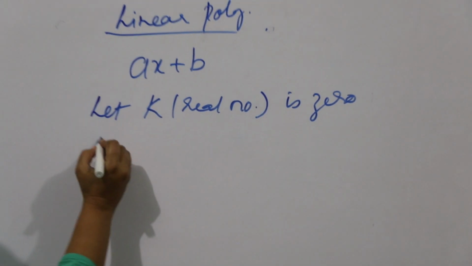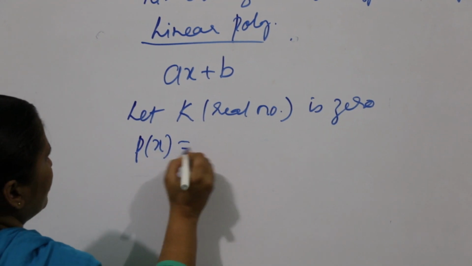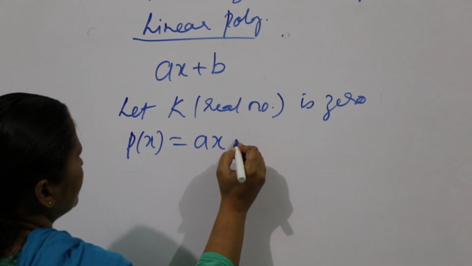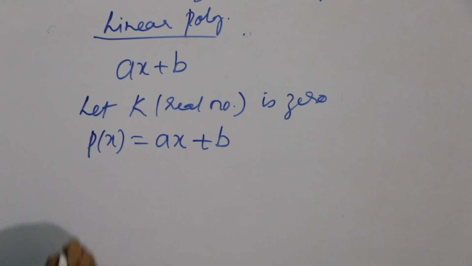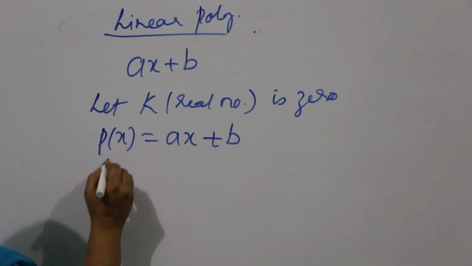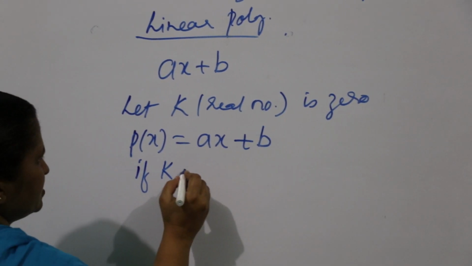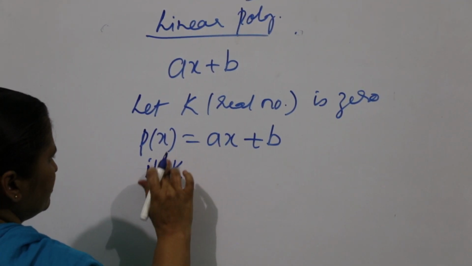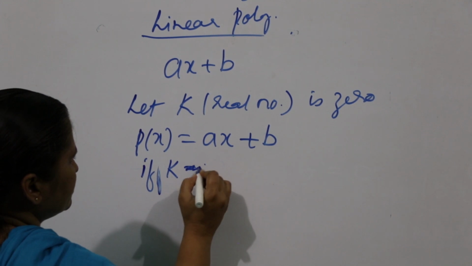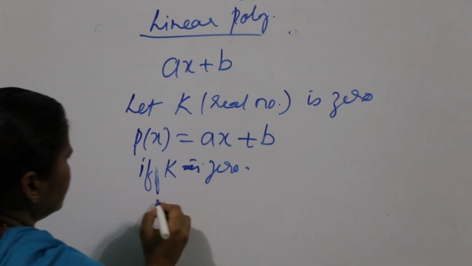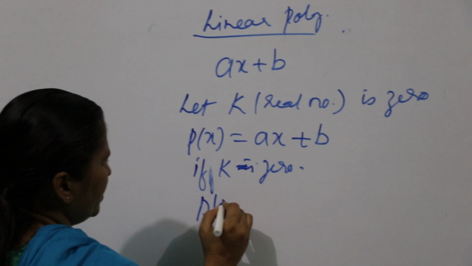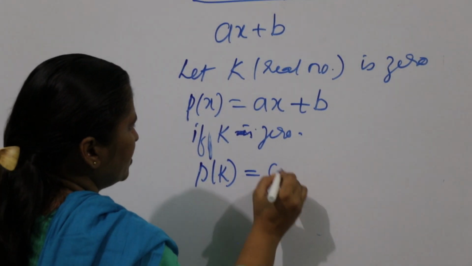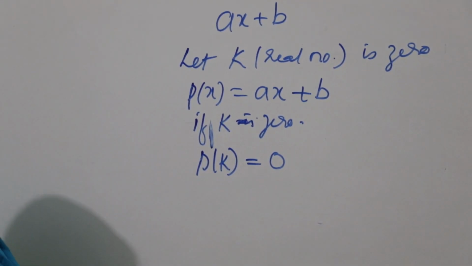Then what happens to p of x equals ax plus b? If k is a zero, then we get p of k equals 0.